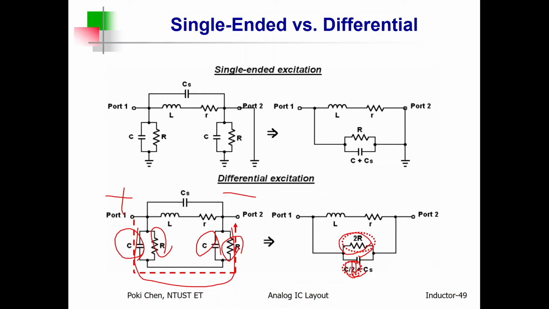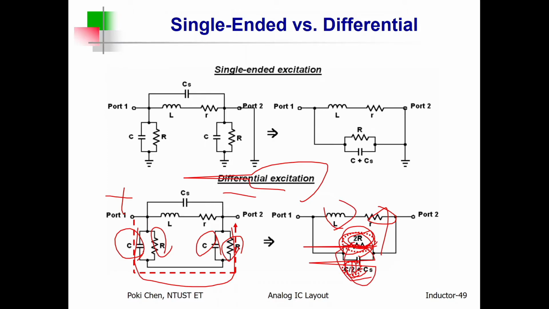So for such differential excitation, you can double the resistance, very good to reduce the power wasting. And also because it is connected in parallel with L, for these 2R.